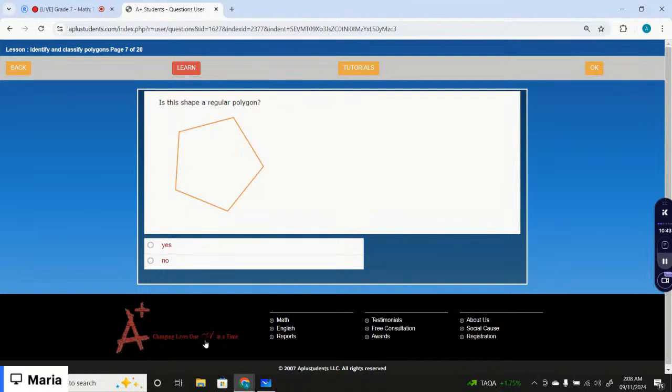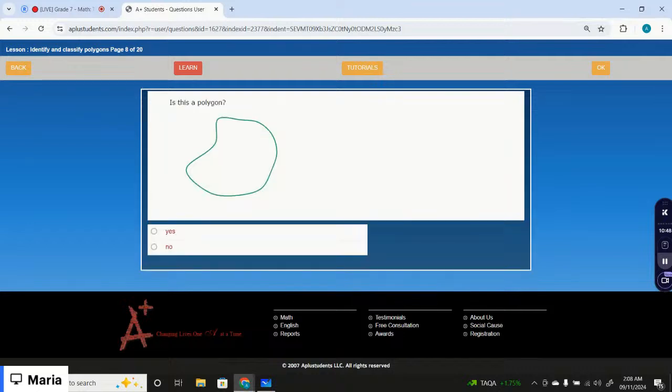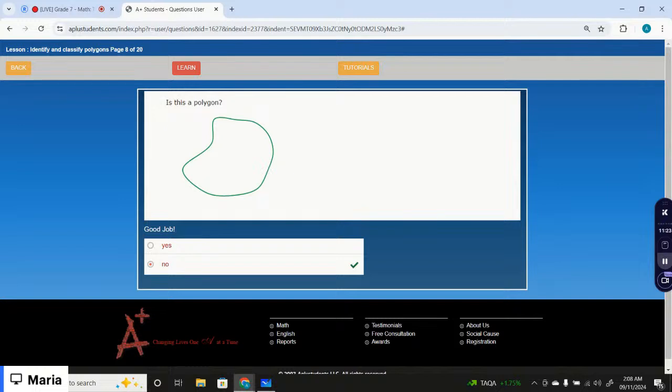The correct option is yes, that is a regular polygon. So the correct option is yes. Is this a polygon? The correct option is no. That is not a polygon. The correct option is no.